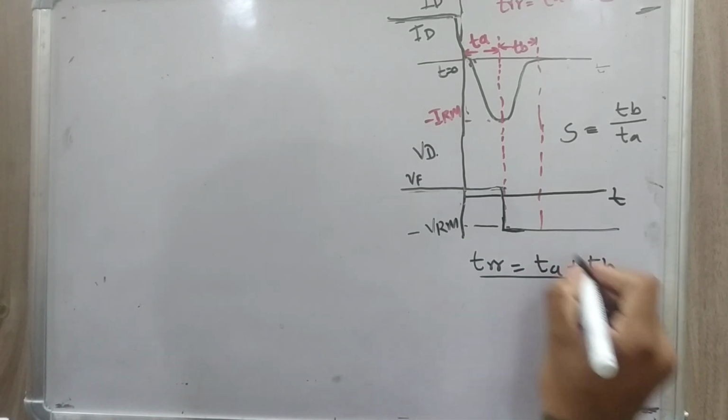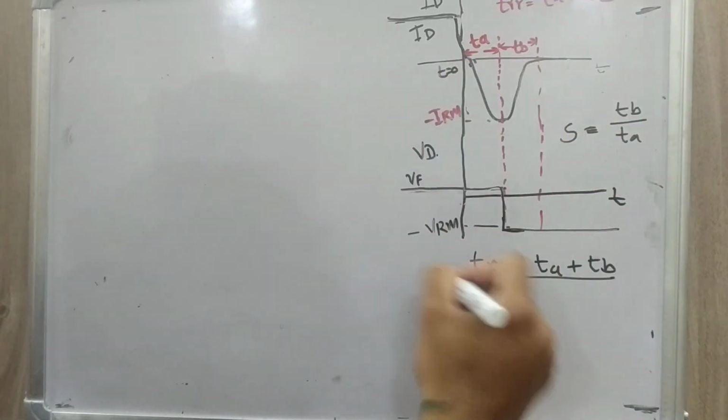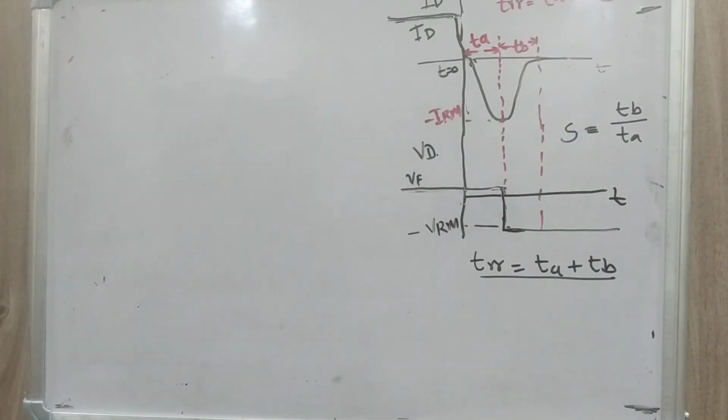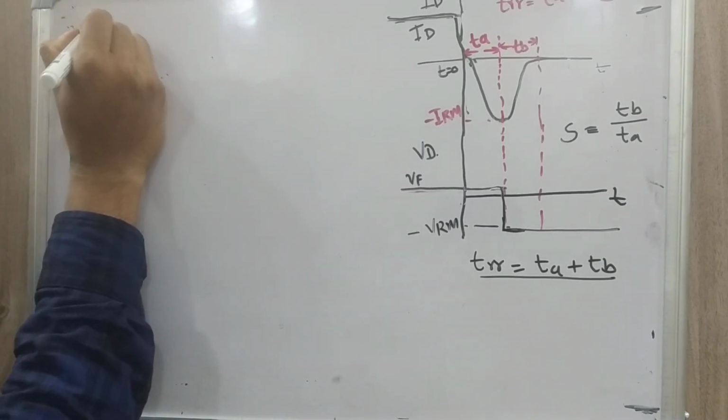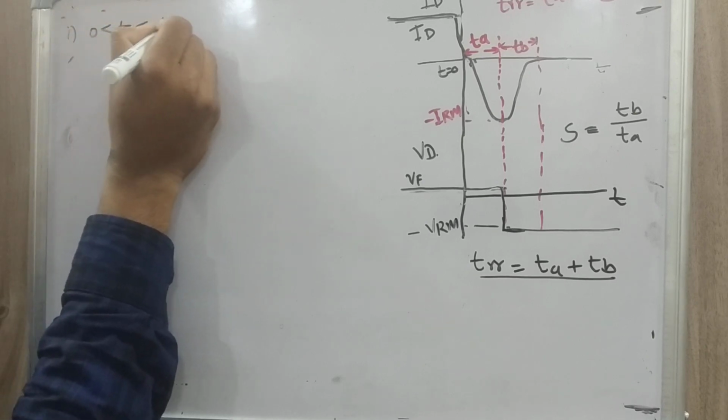I guess this part is not visible, that's why I wrote it down here: TRR is TA plus TB, right? Now we will see the calculation for the power loss. We will divide the time into two segments. The first step is 0 to TA.